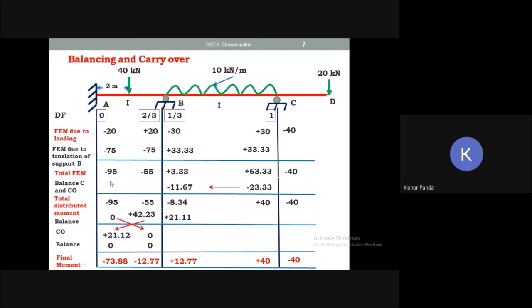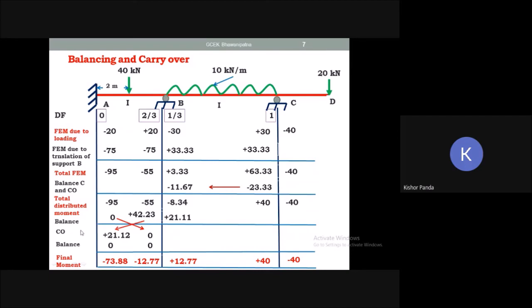Then take the total distributed moment here: minus 95, minus 55, and these two moments, 3.33 and minus 11.67. So what is the total moment? This is minus 8.34. And here plus 40 and minus 40 is already balanced, so there is no need to carry over this side further.